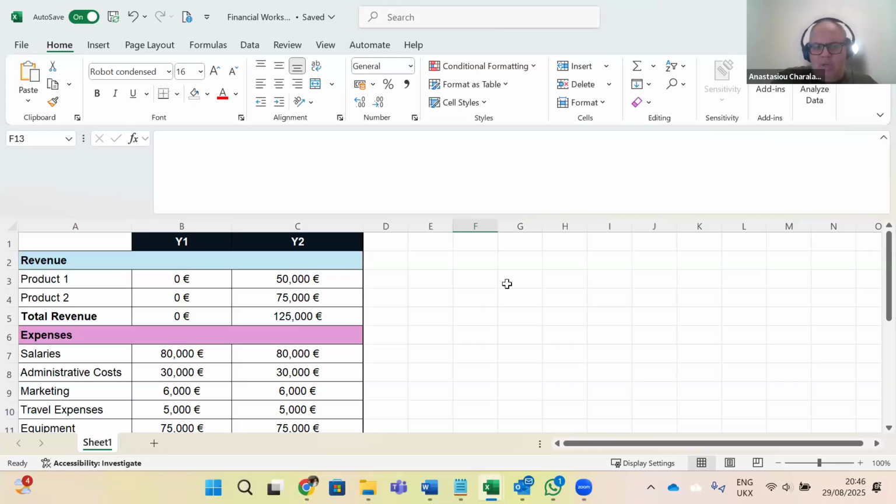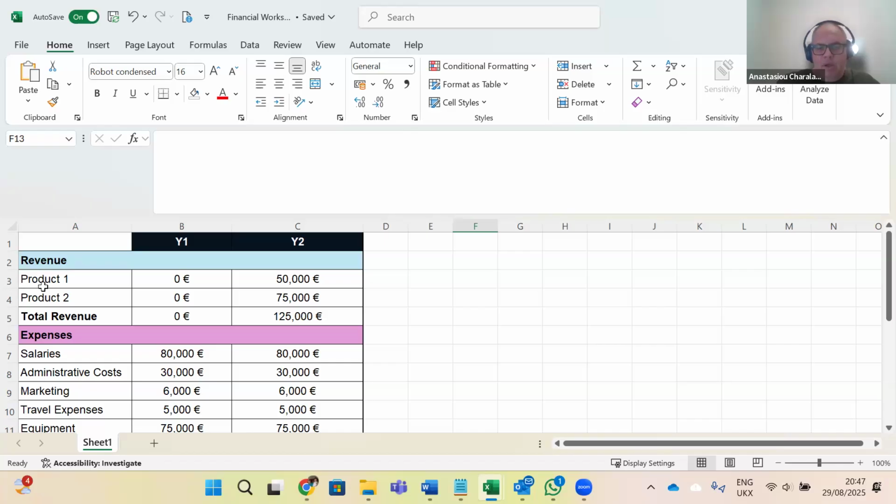But the typical structure is this, where you have the revenue, okay, which is going to be what you'll be selling by how many units. So for example, if it's licenses and you believe that you're going to be selling your software license at €1,000 per year, and you think you can sell 50,000 licenses, then obviously your revenue for that year is going to be 50,000.